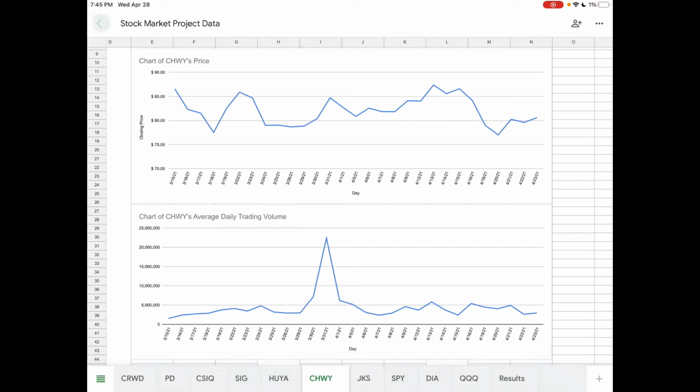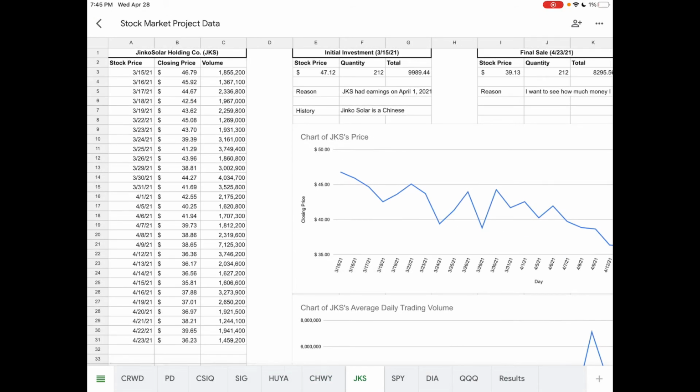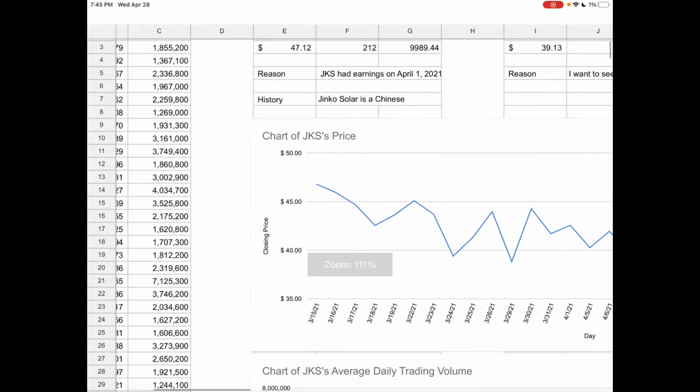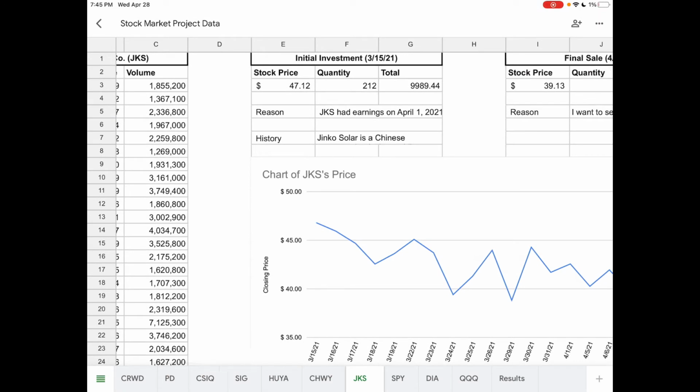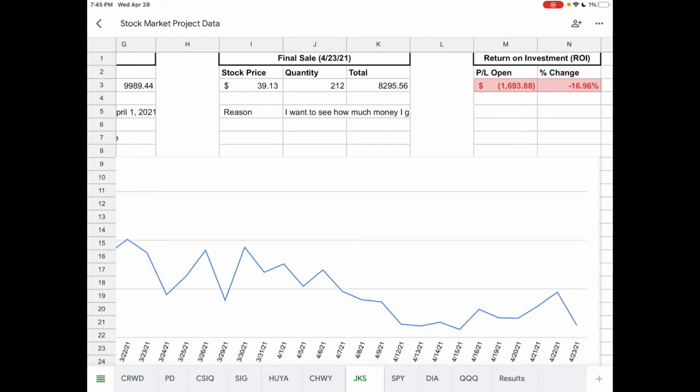All right, next stock I got is Jinko Solar Holding Company, and it is a Chinese company that is the world's largest solar module producer. And so I did a market order to buy and I got filled at $47.12. Then I did a market order to sell and I got filled at $39.13.